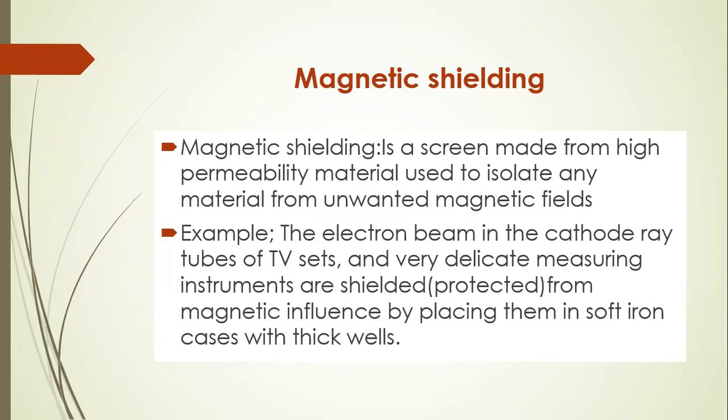Take an example: the electron beam in the cathode ray tubes of TVs and very delicate measuring instruments are shielded or protected from magnetic influence by placing them in soft iron cases with thick walls. So that's briefly about magnetic shielding.